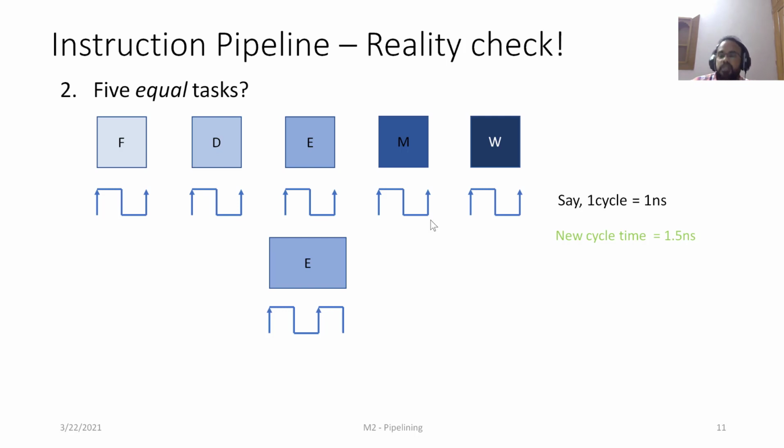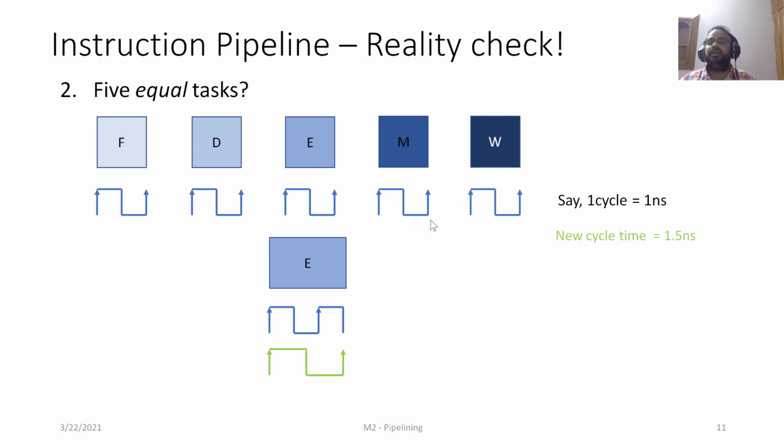In that case, the new cycle time would be 1.5 nanoseconds. What this implies is the remaining 4 stages, even though they have finished their work in 1 nanosecond, the remaining 0.5 nanoseconds, they will not be able to make any progress. It means that they cannot work with the next instruction. They have to wait.